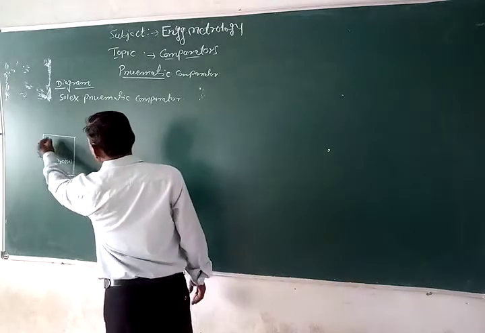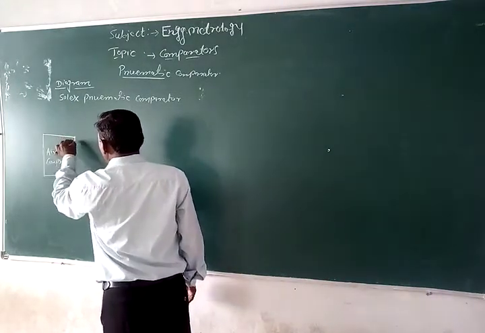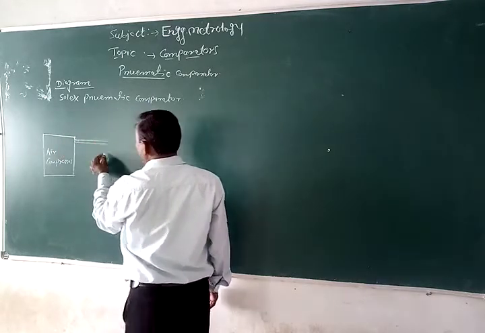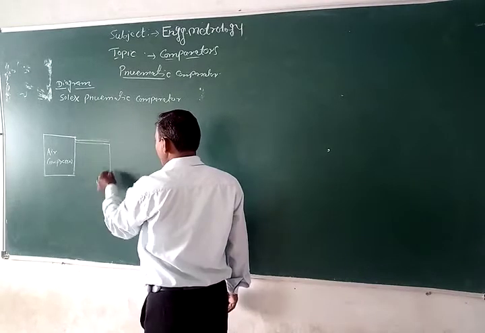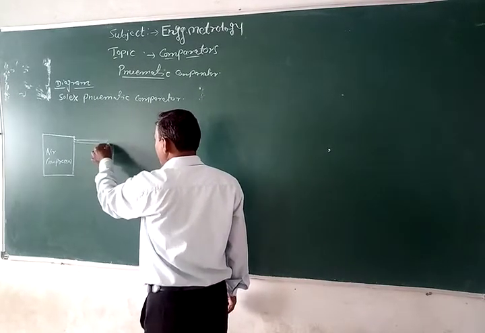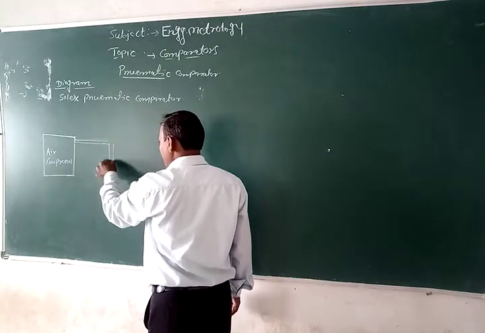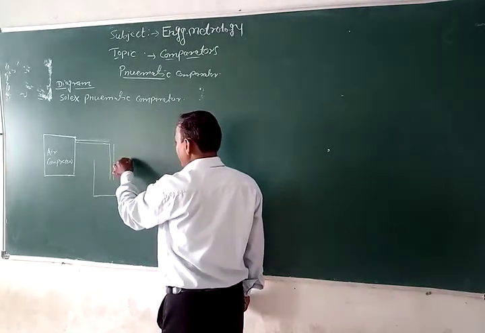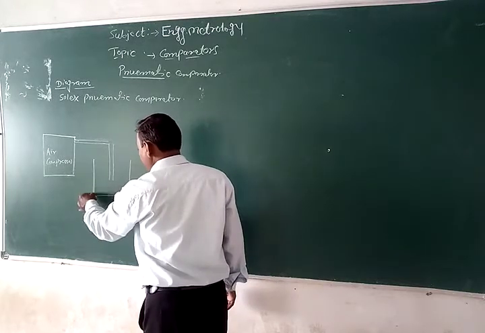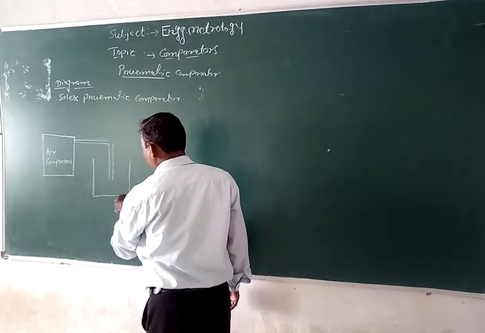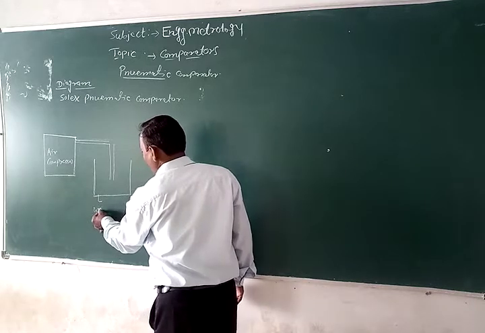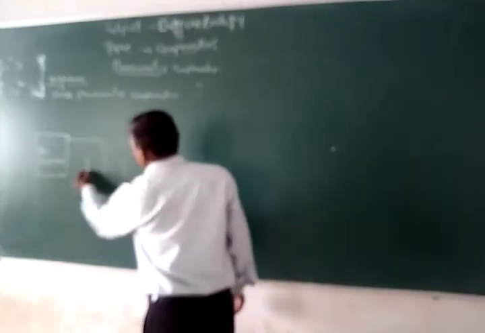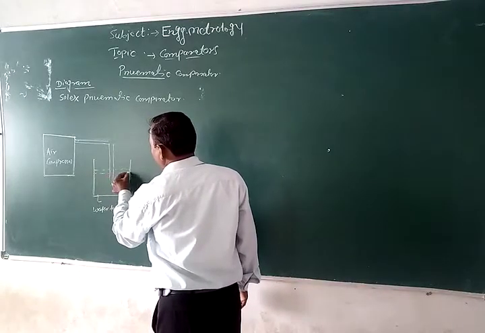From the air compressor, here is one of the pipes. This goes to the water tank. This is the water tank. Here the water is filled.